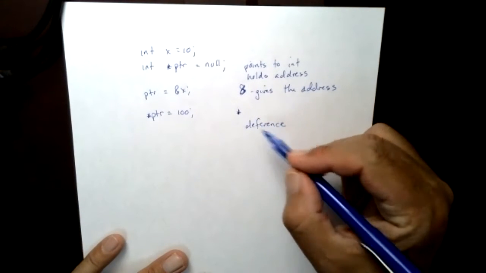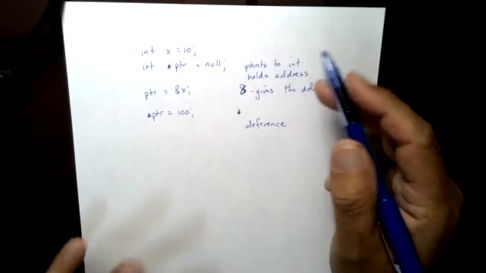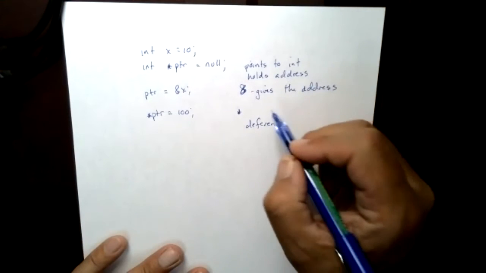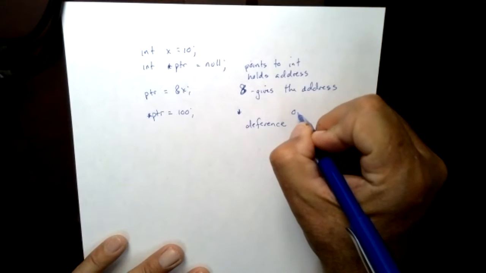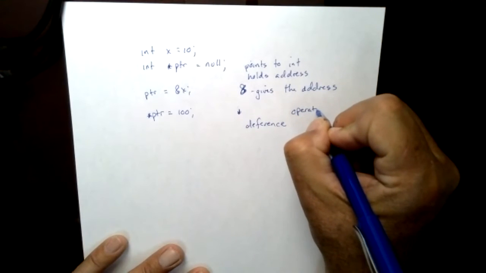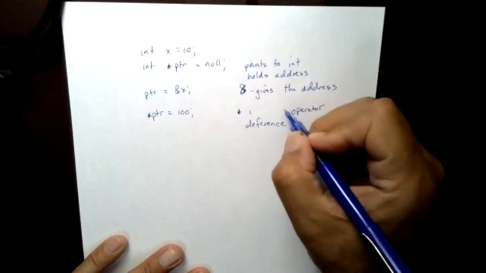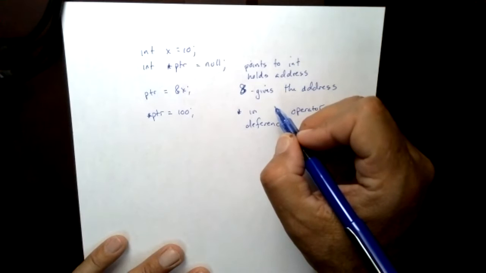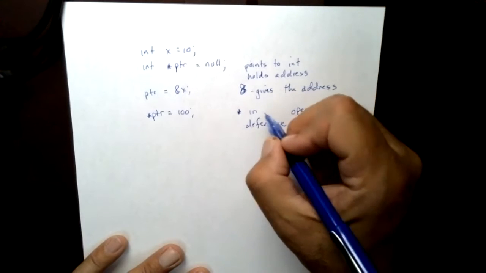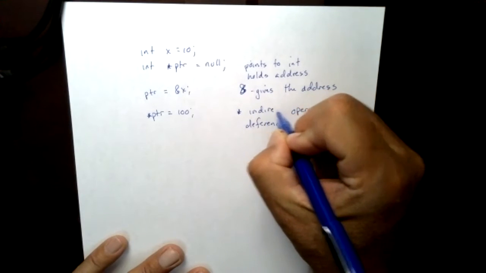There's a whole lot of new words you learn in computer science. Dereferencing it. The asterisk was the what operator? Indirection? Yeah, indirection operator.